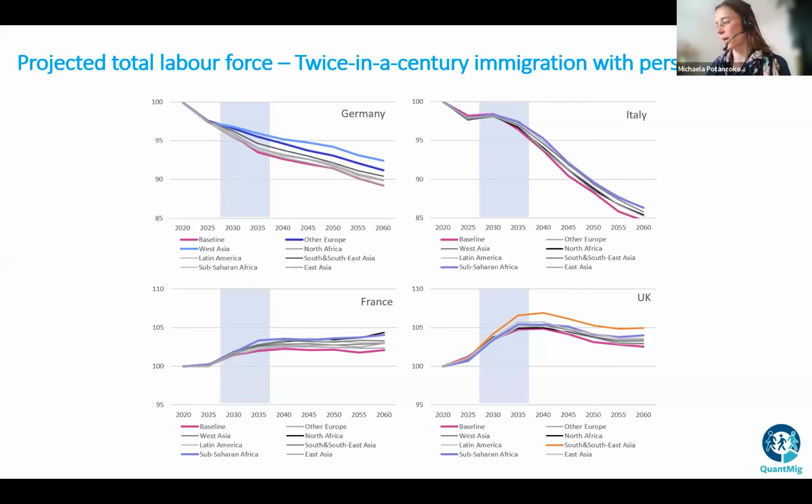This is really at the edge of any impact at all, taking into account the random noise. And in the UK, we can see that if a large persistent immigration event occurred from South and Southeast Asia, this would top up the labor force by about, I think, 2 percentage points, but it's a very, very small impact.